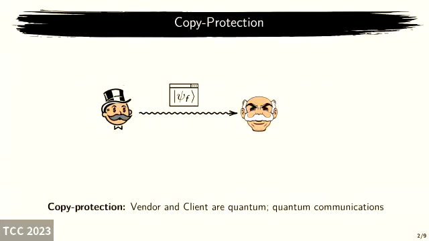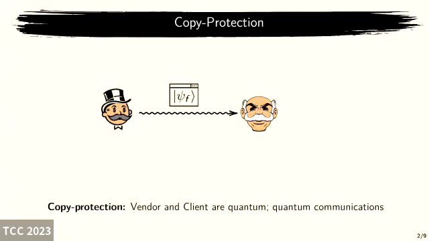Before talking about the semi-quantum notion of copy protection, I will briefly recall what copy protection is. It's a primitive in which you have a quantum vendor on the left that will pick a function f from a family of functions and protect this function using a protection algorithm to get a quantum state that is a quantum protection of f.